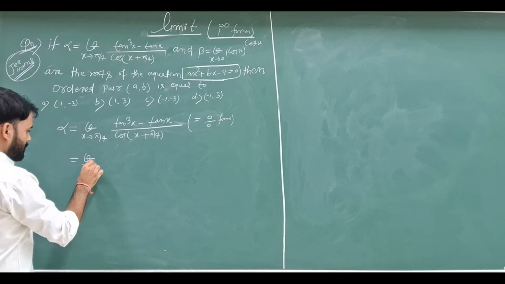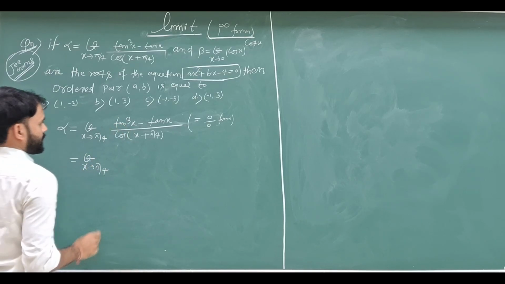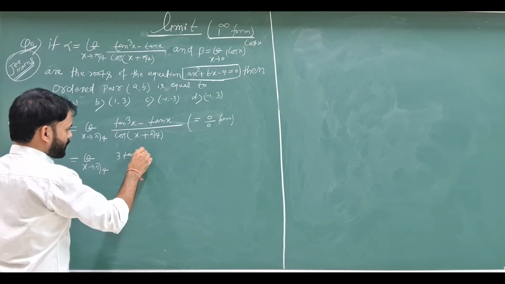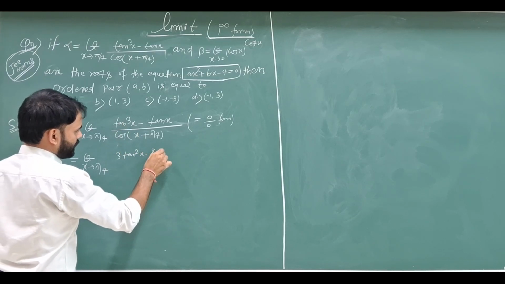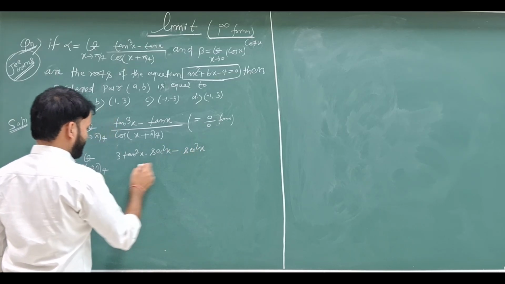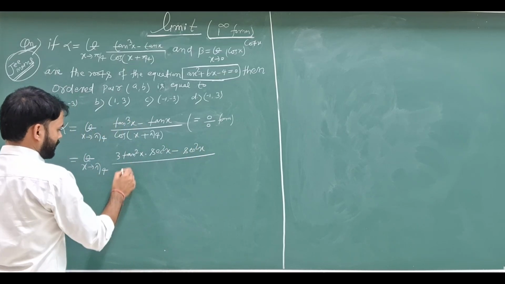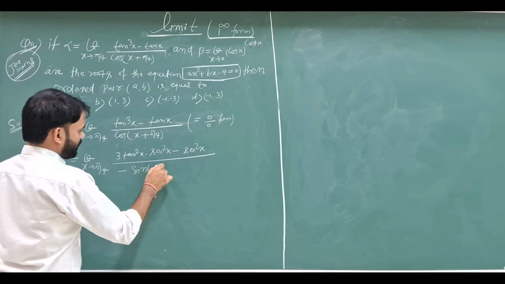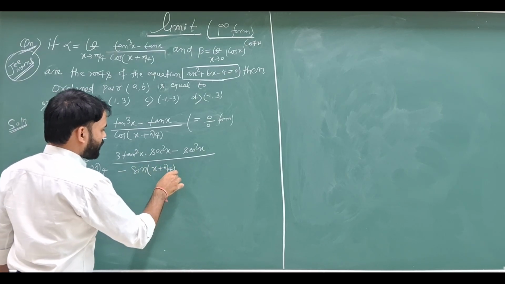So limit x tends to pi by 4, we take the derivative of this quantity, so 3 tan square x and sec square x minus also sec square x, divided by the derivative of cos, so this is minus sine of x plus pi by 4.